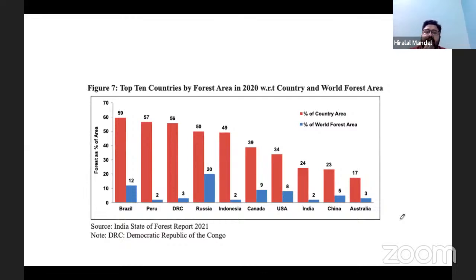If you look at it this way, you will see it is Brazil, 59% of its area is forest area, which is equivalent to 12% of the total forest area in the world. Okay, so that is what I was suggesting.